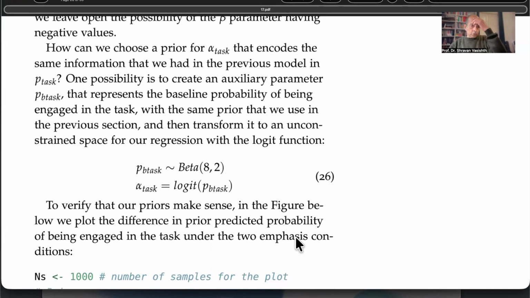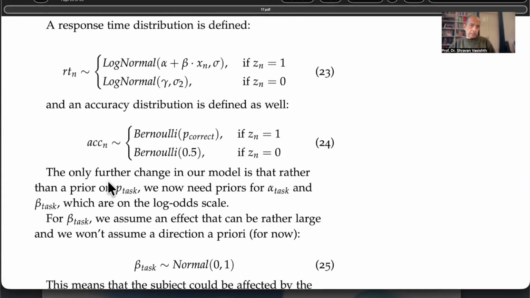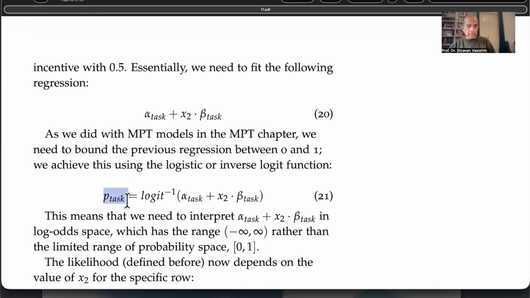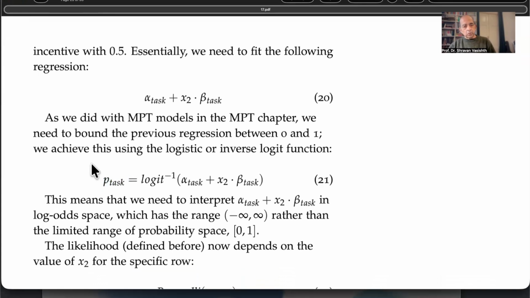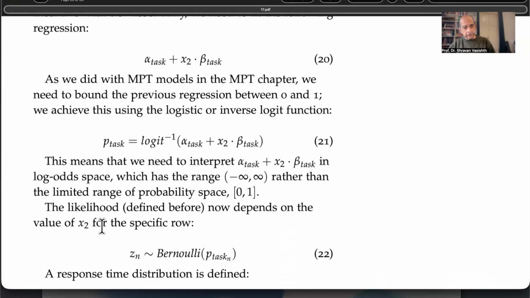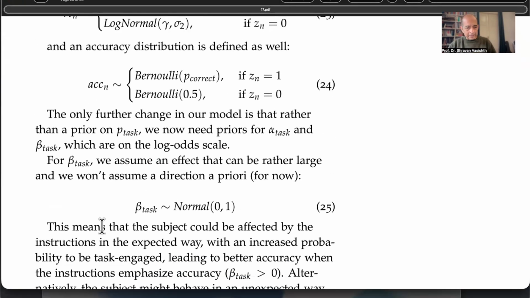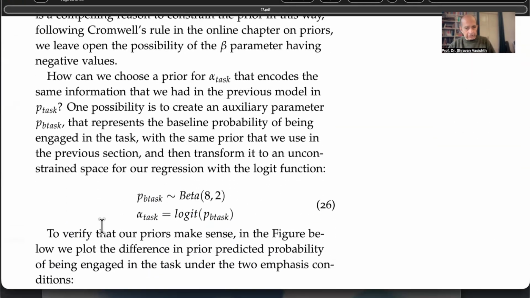What one can do is, actually, I may have lied earlier when I said that there is no prior anymore on the probability of task, because what one can do is set up a prior on the probability of task and back transform it using the qlogis function in R, which in mathematics would be logit, right?